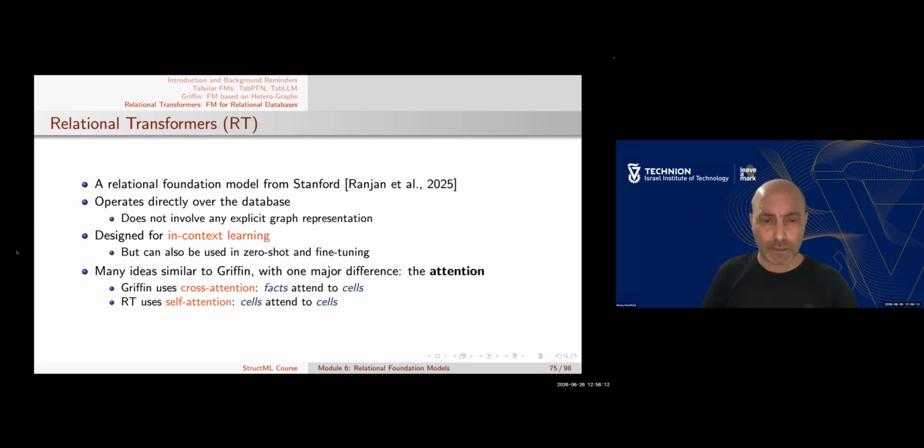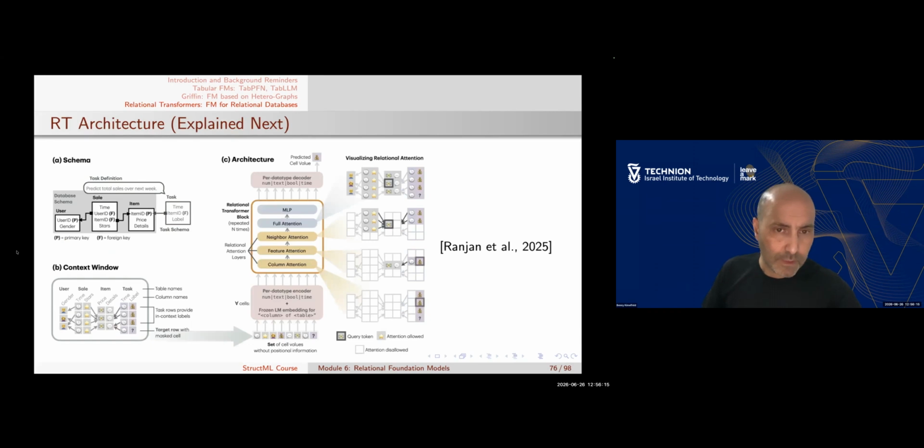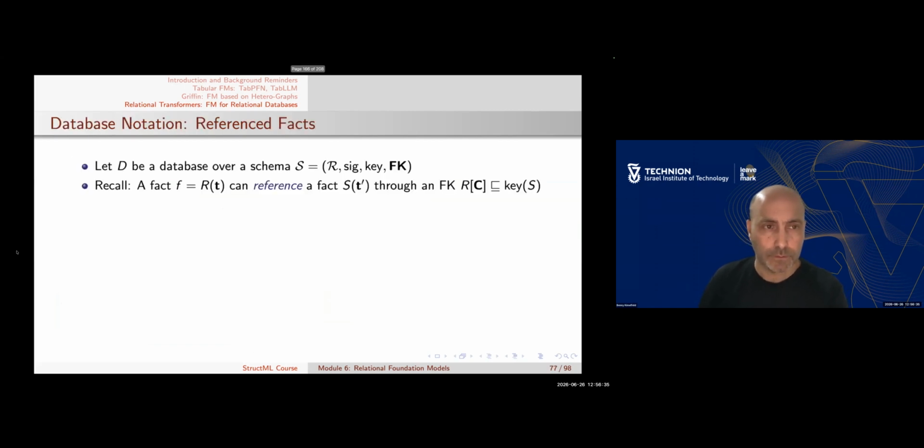We'll see that next. This is a visual description of the system from the paper. This is the RT architecture, and we'll understand each component at a time until in the end we'll get the full picture of this one. Now we're going to use this notation of references.